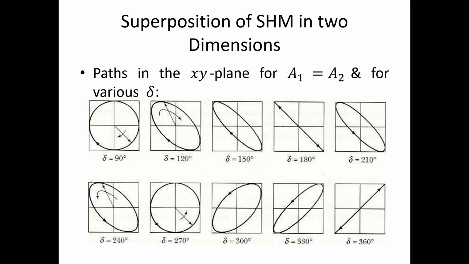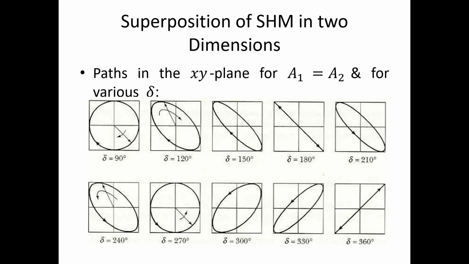So what are the possible things? For delta equal to 90 degrees, we have a clockwise rotation of the particle on the path of this figure. This is a1 equal to a2, so we have a circle. For delta equal to 120 degrees, we have an ellipse, but the ellipse is rotated.